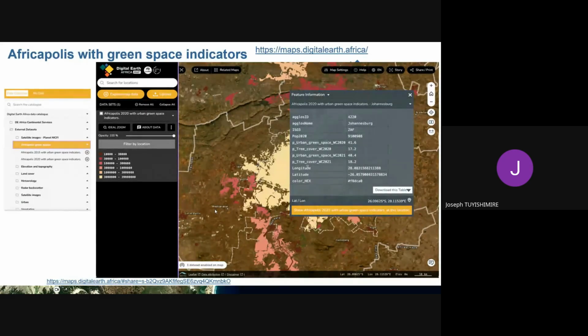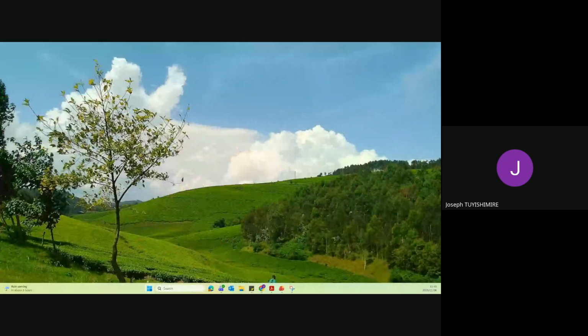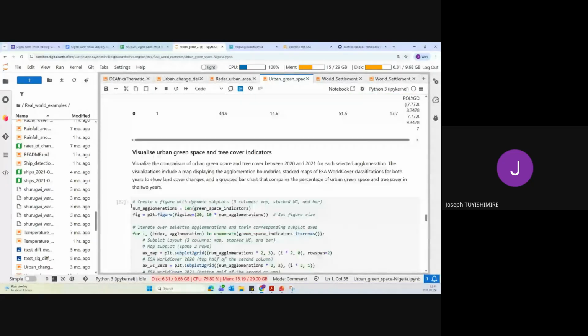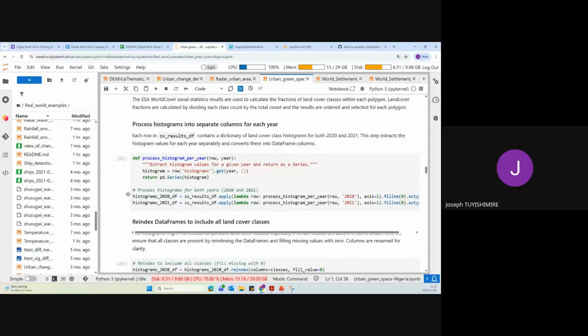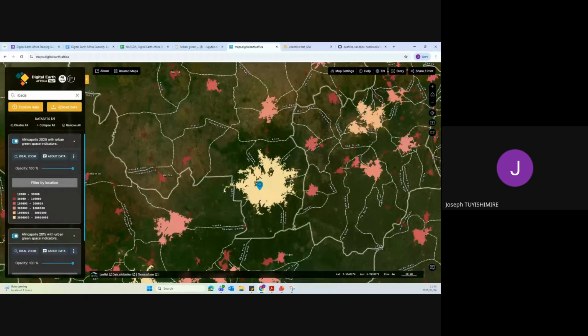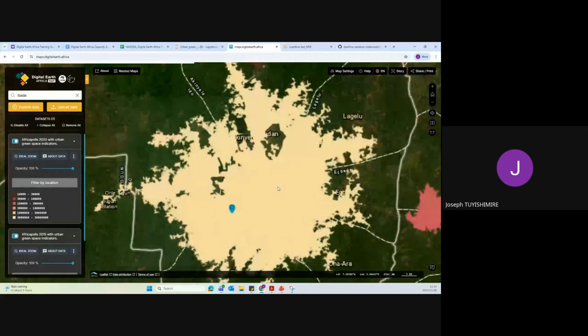This is an example of Africa Polis datasets, for Joburg, but as I was showing you, it can work not only on Joburg but also on Abuja.